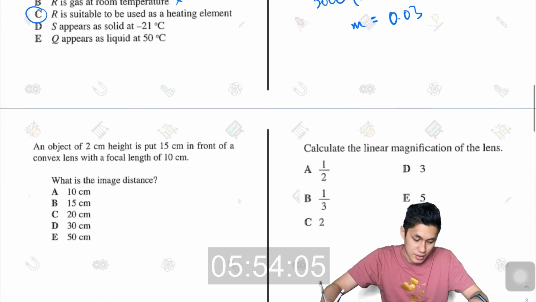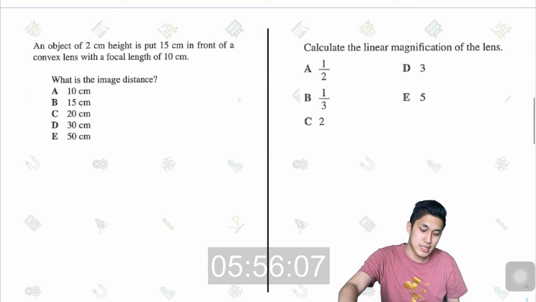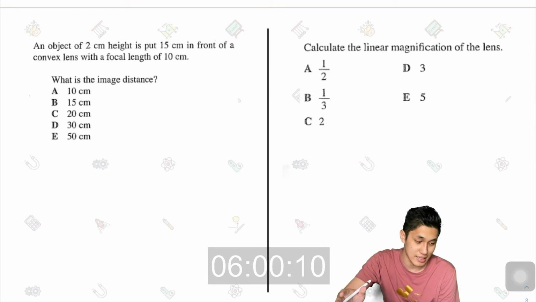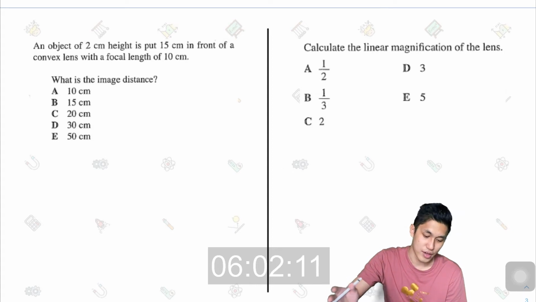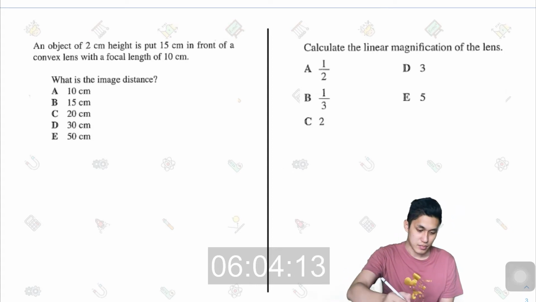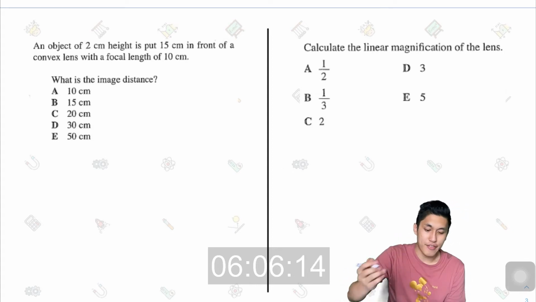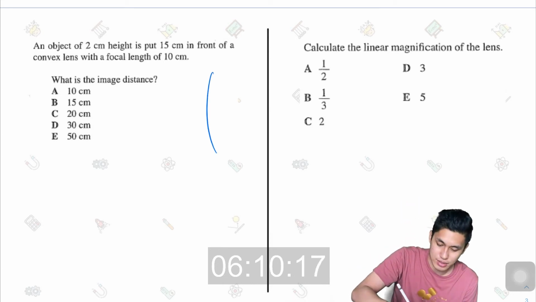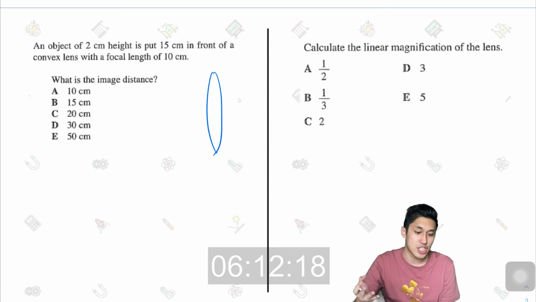Next, an object of 2 cm height is put 15 cm in front of a convex lens with a focal length of 10 cm. For a convex lens, first we need to know that a convex lens looks something like this, a converging type lens.